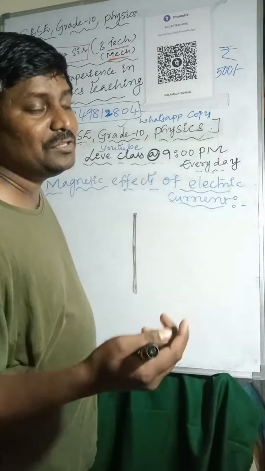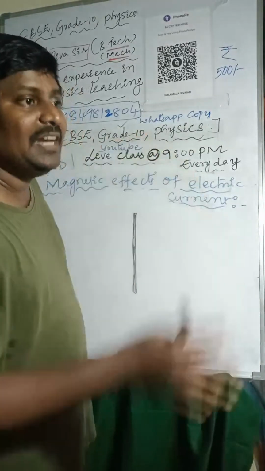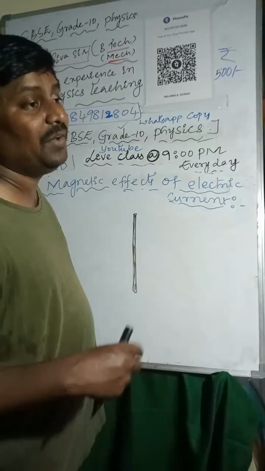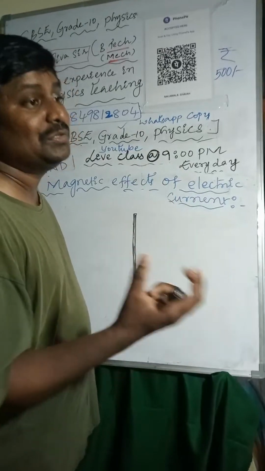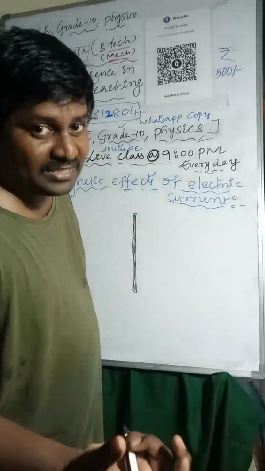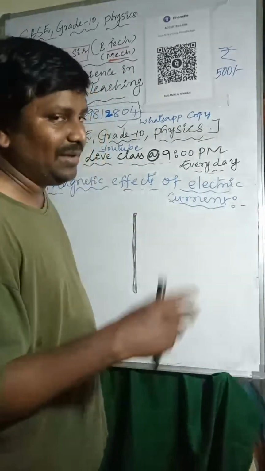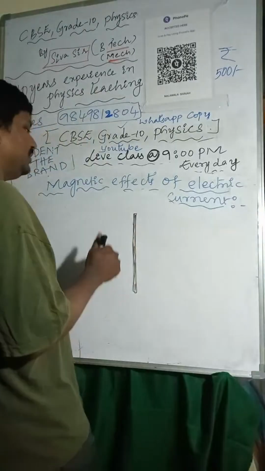A magnetic field is produced around the conductor. To identify its direction, we can use the right hand thumb rule. I will explain that.